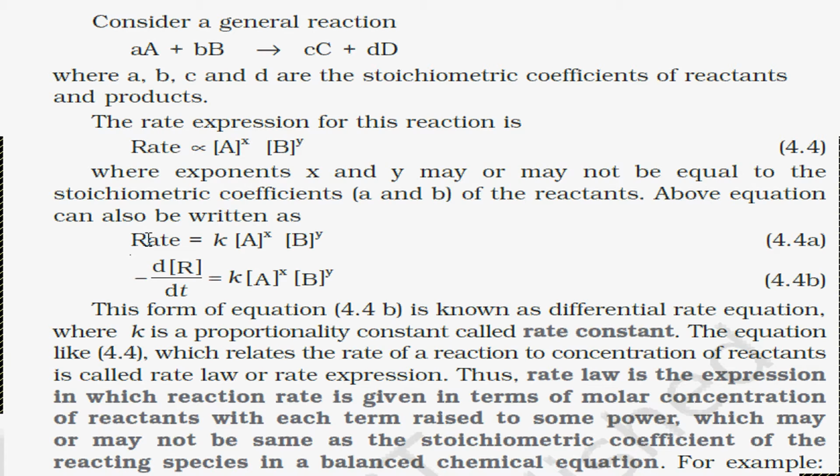Here we can write rate is equal to minus d concentration of R upon dt also. So instead of rate we can put this equal to k into concentration of A raised to x into concentration of B raised to y. Now this form of equation is known as differential rate equation, where k is a proportionality constant called rate constant.